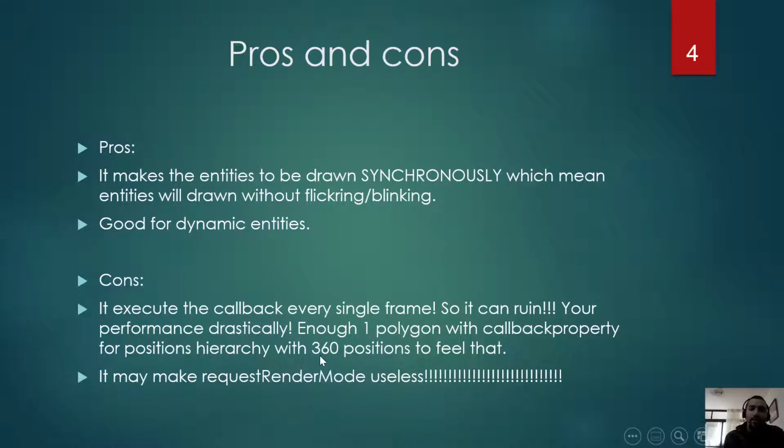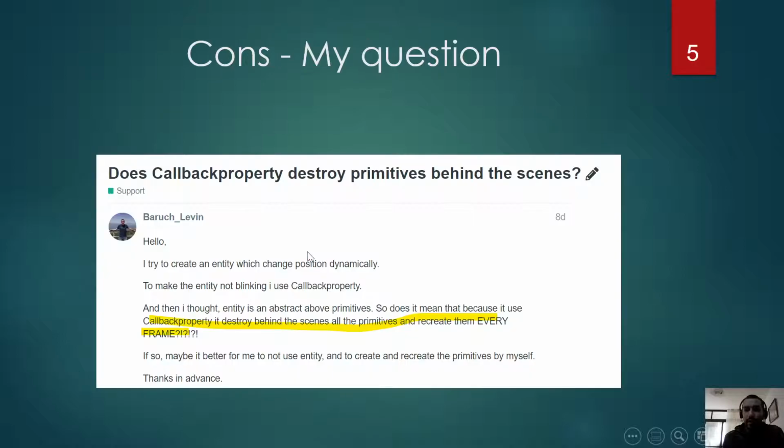I created a 360 position, and I felt that it really ruins the performance. And if you want to use request render mode, it may make your request render mode useless. Not every time, but sometimes. So be aware of this.